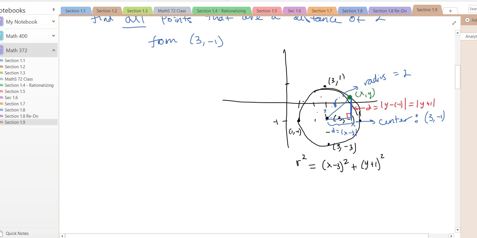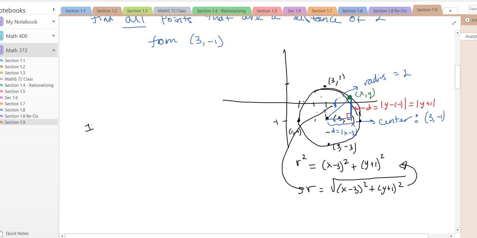Since I'm squaring it, I can get rid of the absolute value, and so this becomes the equation of our circle. If you're doing it with the distance formula instead of the Pythagorean theorem, then r is equal to the square root of x minus 3 squared plus y plus 1 squared. And when you square both sides, you get back to that point.